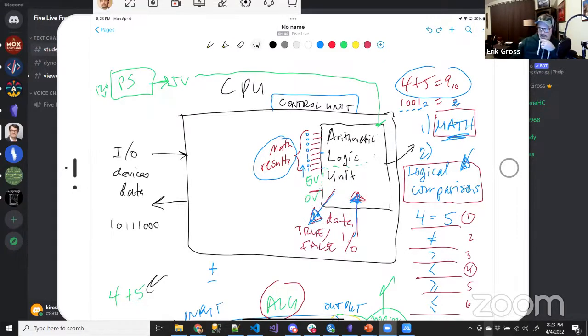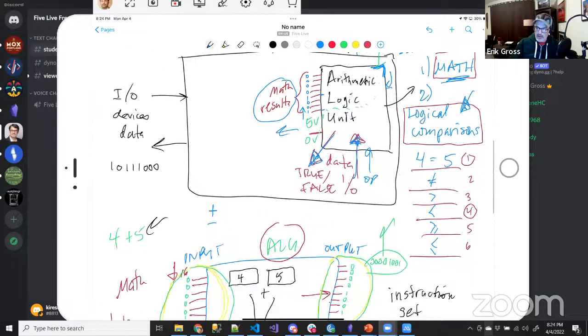So big picture, remember we have this control unit right here, and the control unit, among some of its major parts, has the ALU. And we just explored how the ALU works. The control unit will tell it what's the operation I want to do, what's the input going in, it gets output, and we just explored that.